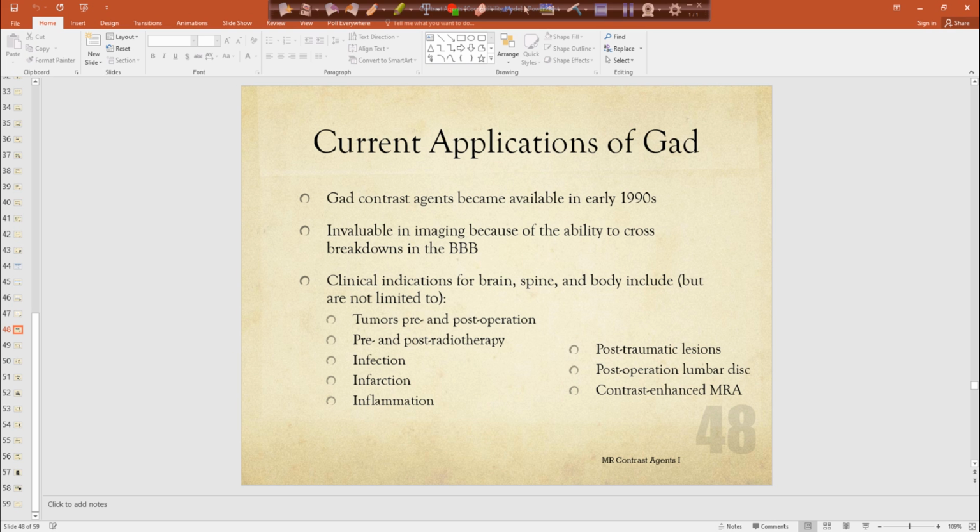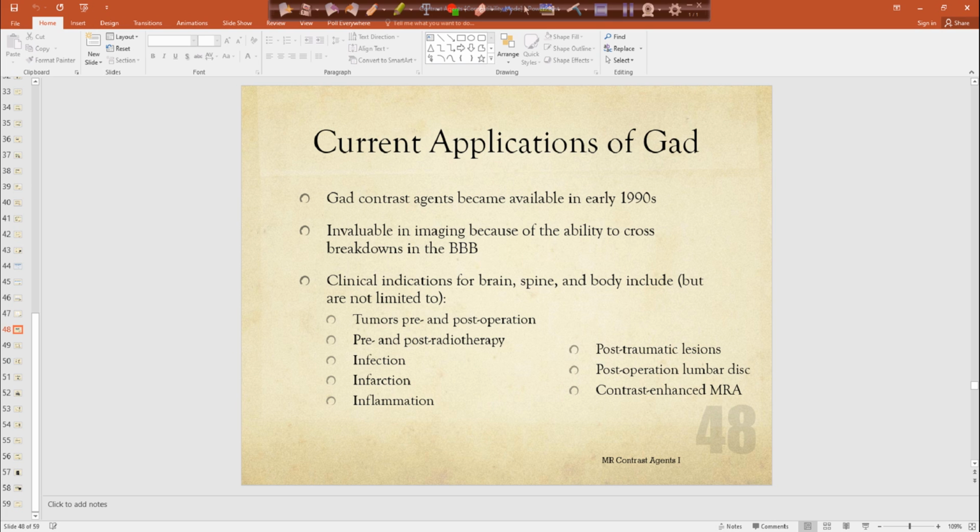Alright, so current applications of gadolinium. We'll talk about all the different uses of gadolinium. Gadolinium in clinic became available in the early 90s. That first agent was first used in 1988. They help highlight lesions because there's a breakdown in the blood-brain barrier.